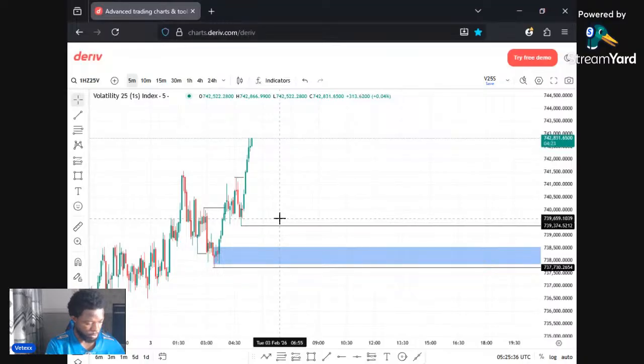So this is actually a good setup. You just wait for a better one. This is a 5 minute structure, but we trade just the 15 minutes.